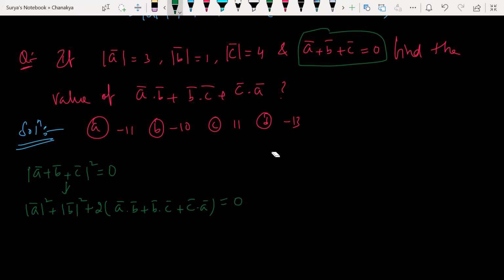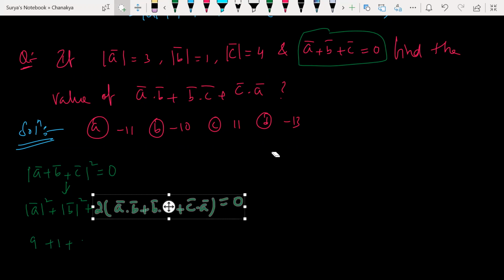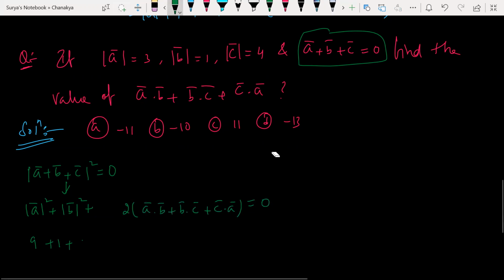Now what can I do now? Very simple, very simple. Substitute modulus of a square is 3 square, 9, plus b square 1 plus, oh sorry, c square I forgot. No one is telling, no one is saying anything, guys. I just forgot c square here. Okay, now c square how much? 16, plus 2 times of a dot b.